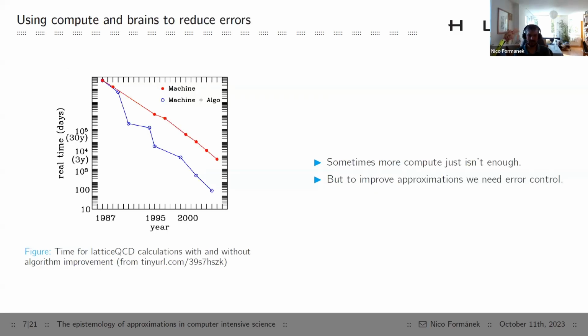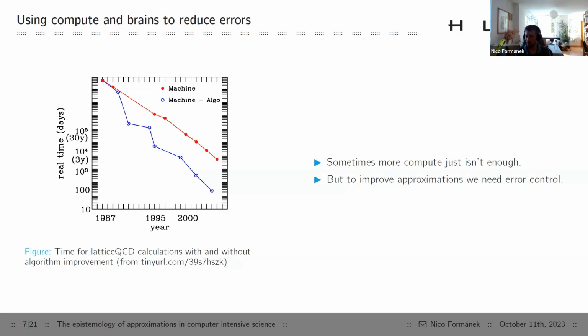This is actually a very interesting picture from a lattice QCD study where people separated the contributions to the simulation time from computers alone, so from improvement in the compute power, and from improvement in the algorithm.